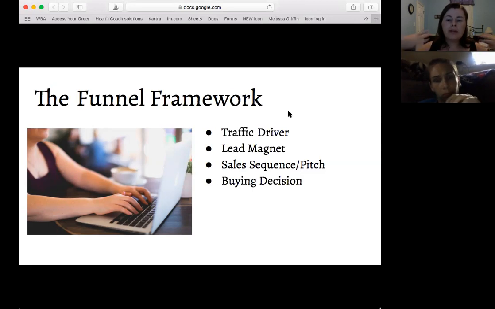But again, we build this kind of backwards. Of course, the buying decision includes, if there's a purchase, program delivery, automated program delivery. But we design it from the bottom up, because we want to make sure that we have a solid solution on our hands that we provide people.